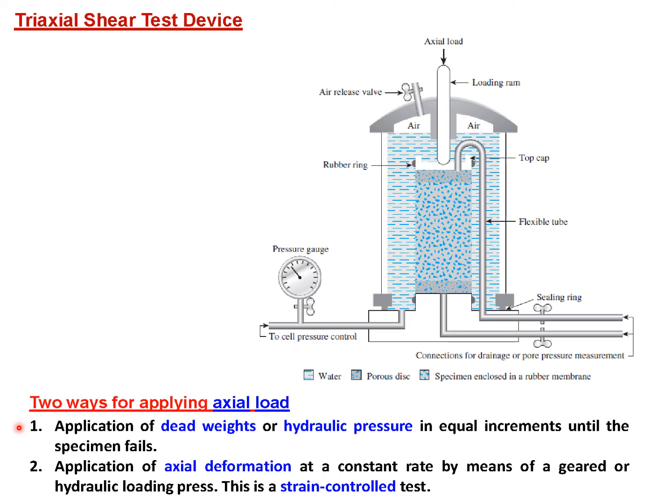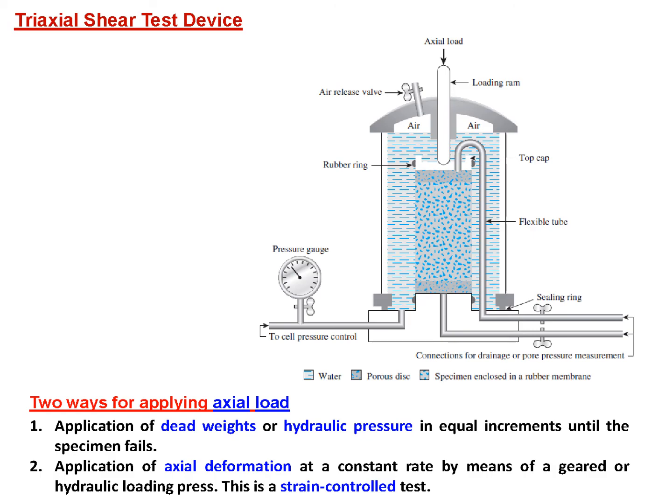One is application of dead weights or hydraulic pressure in equal increments until the specimen fails. The other is application of axial deformation at a constant rate by means of a geared or hydraulic loading press. This is a strain control test.